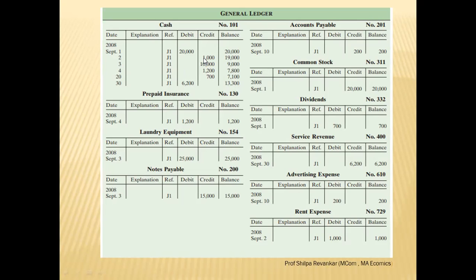Credit is 1, 10, 1200, 700, so together it becomes 13,900. So 26,200 minus 13,900, the balance of cash in hand at the end of the month is 13,300.